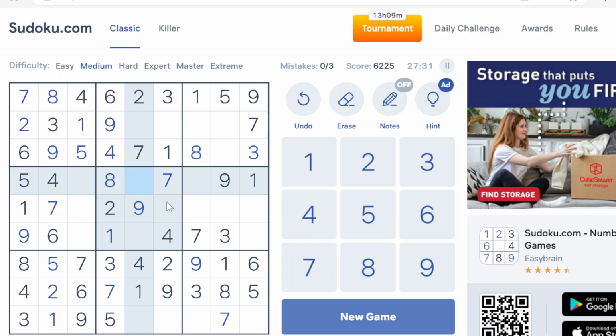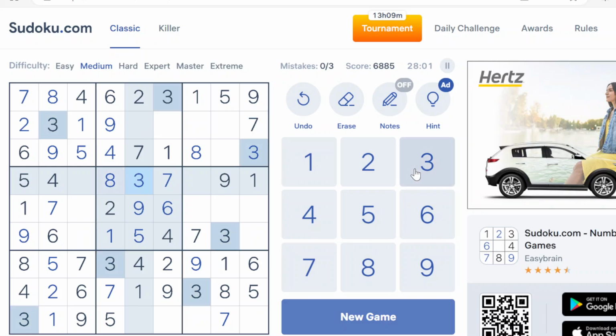So each of these boxes can either be 5, 6, or 3. But this one has to be a 5 because this one already has 6, this one already has 3. So now each of these is either 6 or 3. But this one has to be a 6 because there's already a 3 in this column here. Which means then this one has to be a 3, since there's already a 3 in this column. And there's also already a 3 in this column. So yeah, that's a 3.